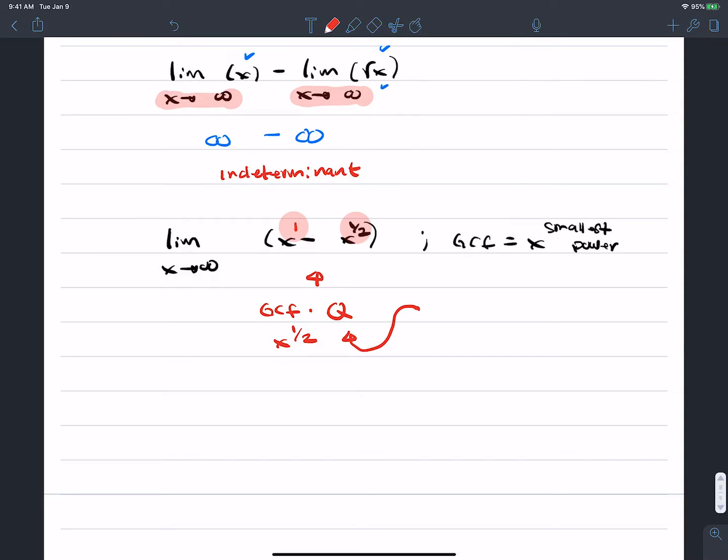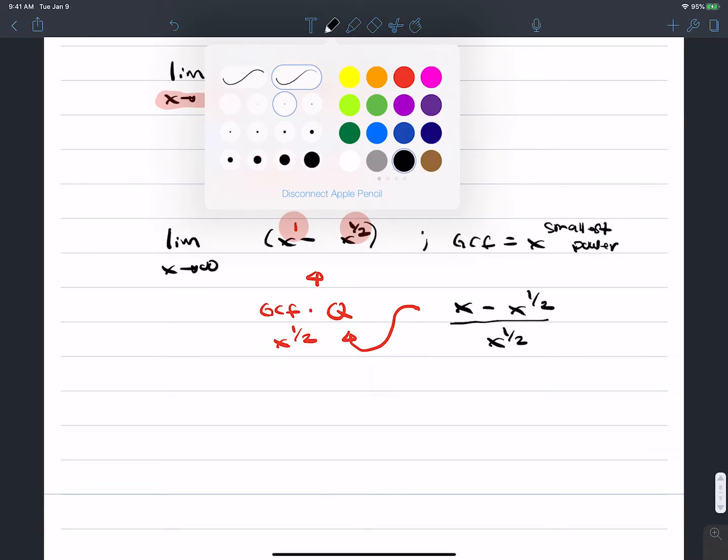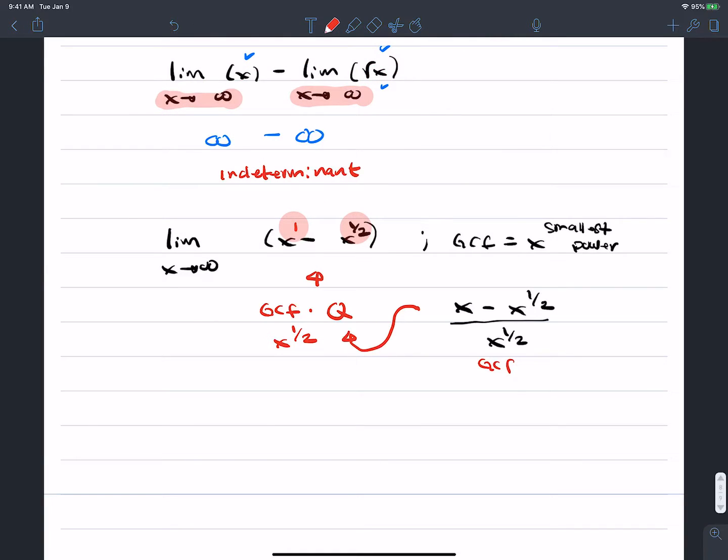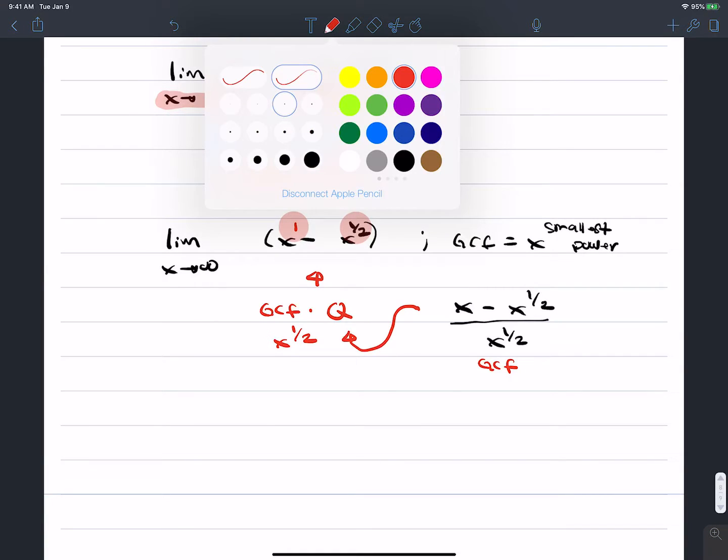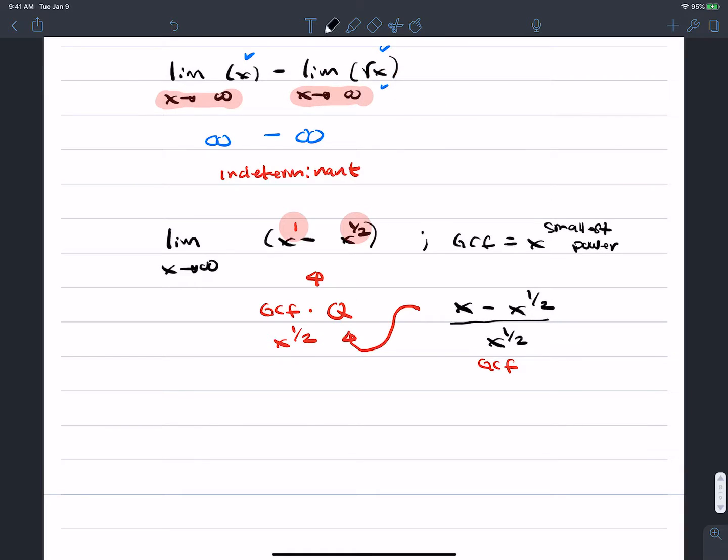Now in the past, we reminded you to just take the original expression, x minus x to the 1/2 power, that square root, and you always divide by that GCF. You divide by the x to the 1/2. This is going to give us the quotient, because the quotient means to divide. It's the term you get when you divide. That's called the quotient.